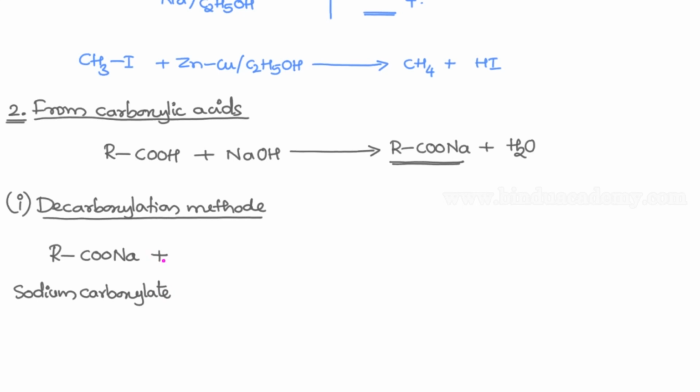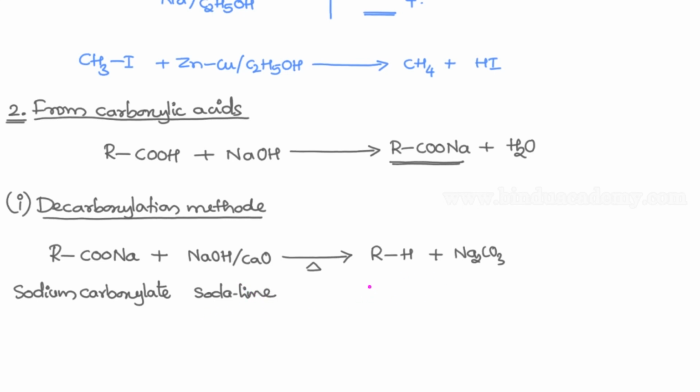So now we'll react this with sodium hydroxide, NaOH, in presence of calcium oxide, and we get here on heating RH, and along with that there is liberation of sodium carbonate. Later when it is heated, it decomposes into carbon dioxide. Now this sodium hydroxide and calcium oxide together we call soda lime.